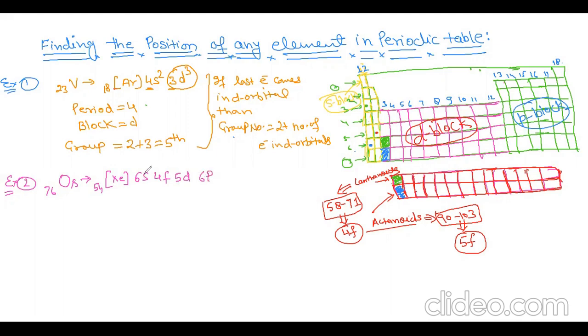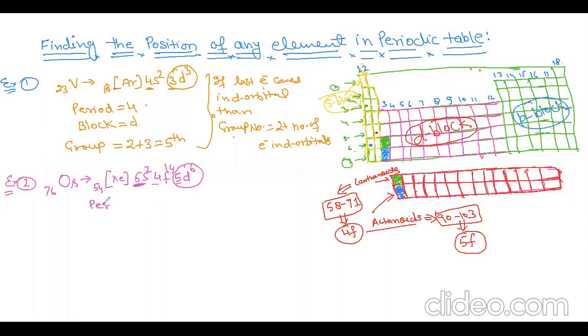You just fill the electrons: 2, 14, 56, 70 and 6 here only. Then no electron in the 6p. The last electron is coming to the 5d, but the largest number is 6 here. This is the largest number.